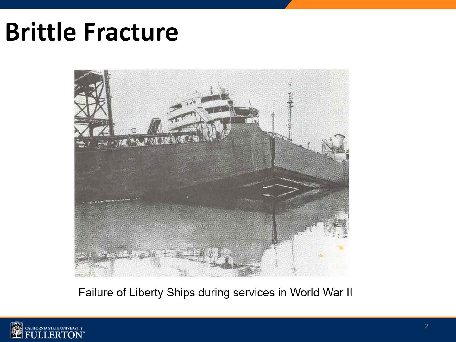As we can see in this figure here, we have shown a ship that was subject to brittle fracture. Over a century ago, engineers used to wonder why the ship was subject to a brittle fracture where there was no plastic deformation and there were no signs that it was coming.